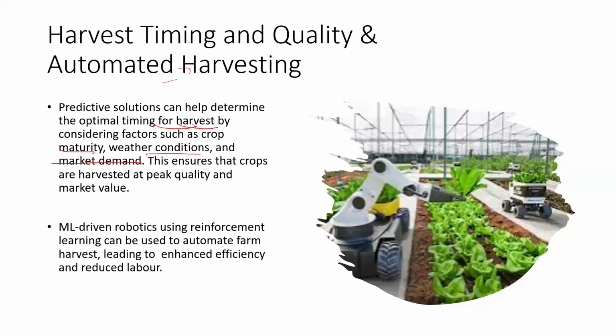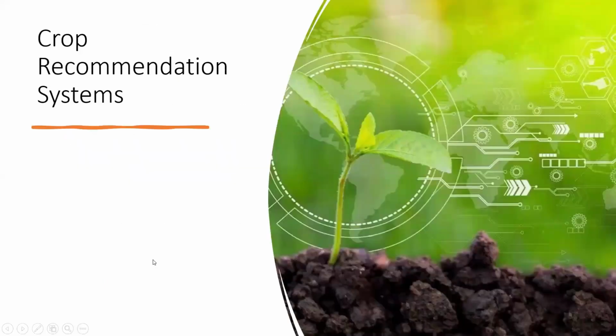Sometimes machine learning driven robotics, using reinforcement learning, can be used to automate farm harvest, leading to enhanced efficiency while reducing labor where necessary. Of course, in some areas we have enough labor, that is fine, but because of lack of enough labor, you see a lot of plants go to waste because they are not harvested at the right time. So automated machine learning driven robotics could also be deployed in such cases.